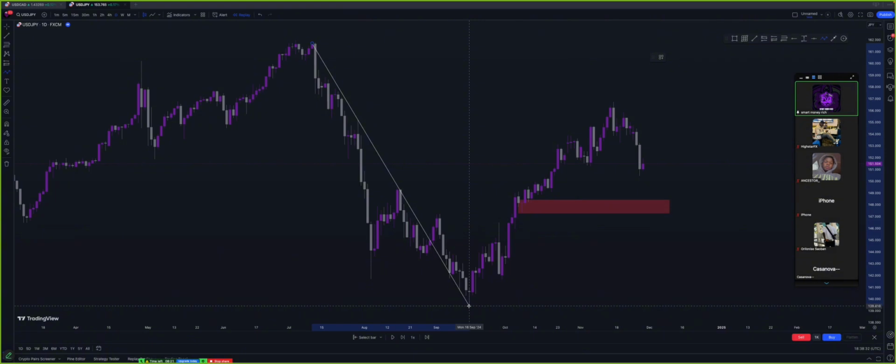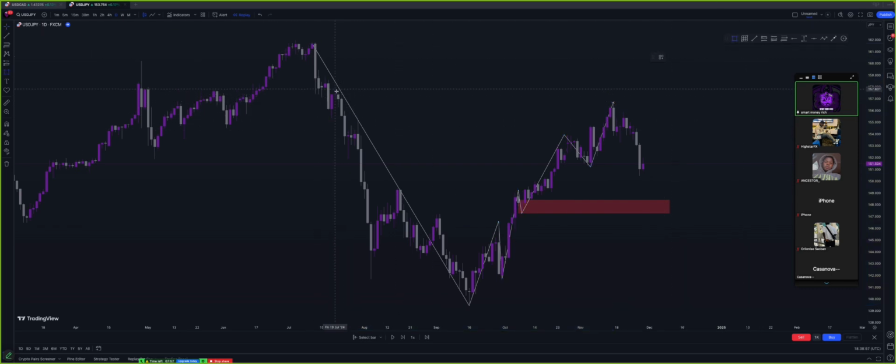It is possible, but then we can see a potential shift in the market structure, and that's exactly what we saw here. We started seeing the market shift from this level to this level right here until the market started flying in an uptrend. Now this is where we saw the market.